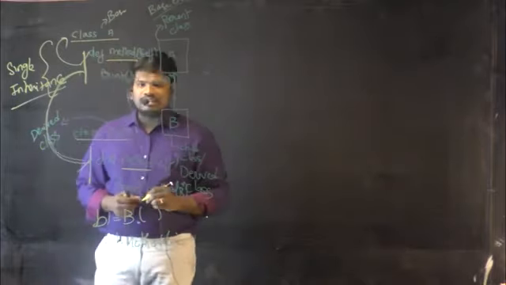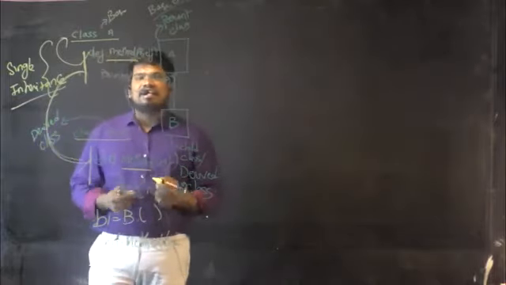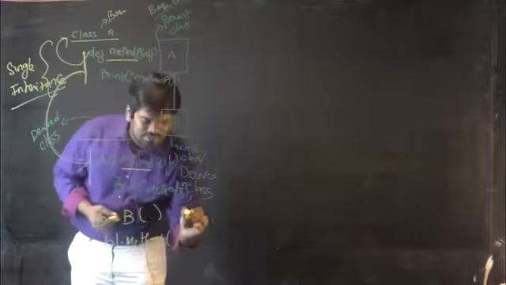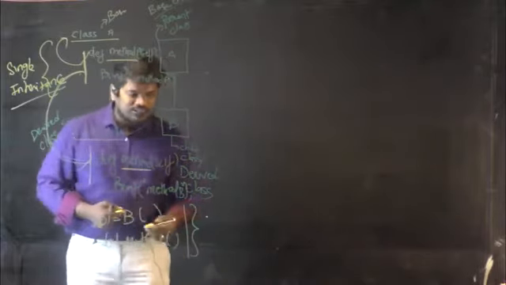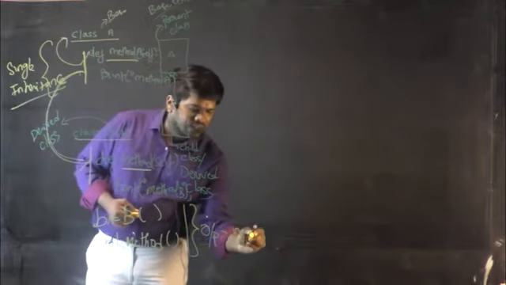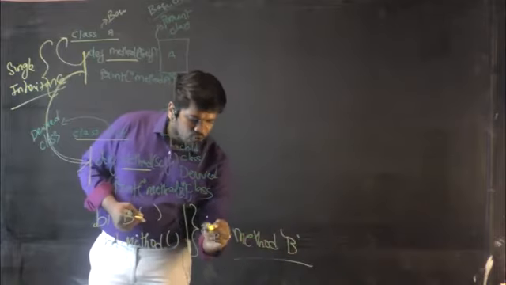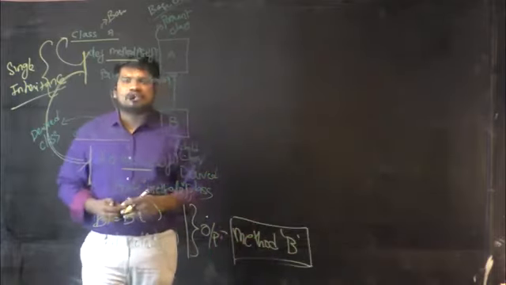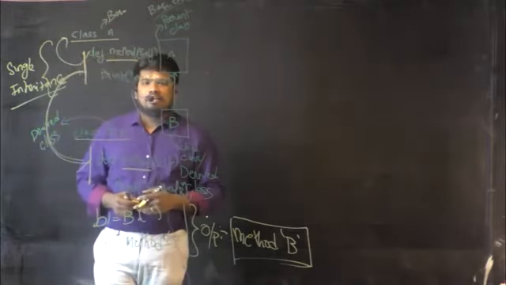So I am invoking the method which is inside the child class. As a result, when I execute this program, the output I will get is method of B. This concept is known as method overriding in Python.